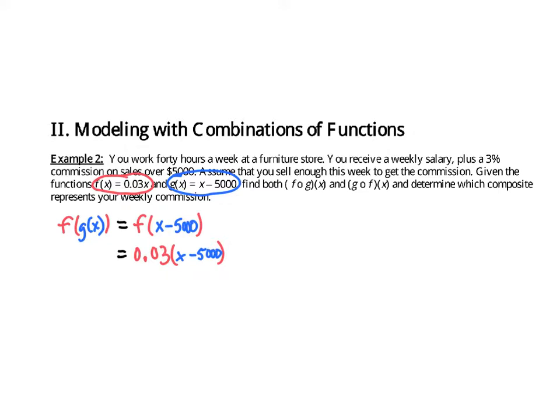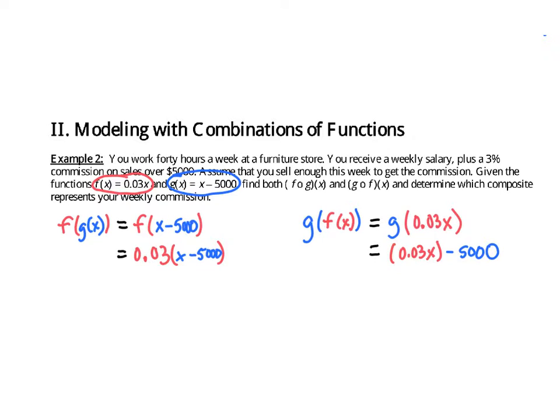F of g of x means we need to input x minus 5,000 into the function f of x. By doing that, we are left with 0.03 multiplied by x minus 5,000. In order to simplify this function, we could distribute, but I think in this case it's better to leave it as is. Now we will try g of f of x.